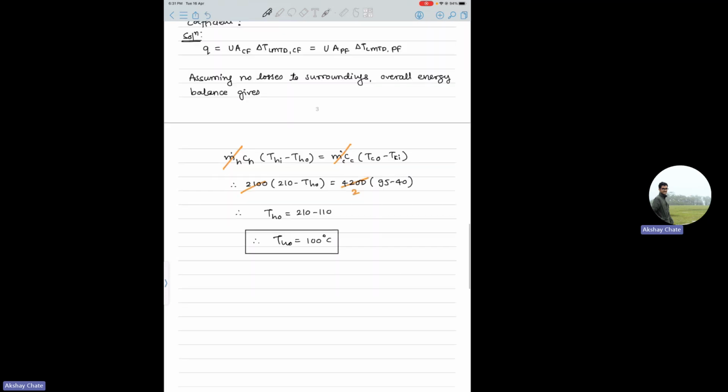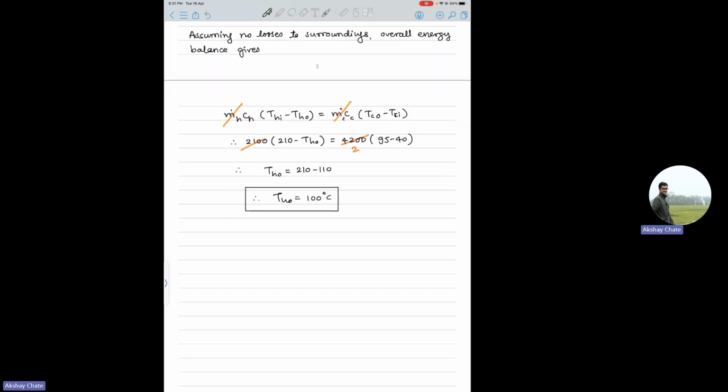So 2100 into 210 minus the unknown quantity equals 4200 into 95 minus 40. You can see this is just twice of this, and the difference is 55, so twice 55 is 110. Therefore your Tho will be 210 minus 110, and the outlet temperature of the hot fluid will be 100 degrees Celsius. This is the first part, and typically in heat exchanger problems you have to employ energy balance everywhere. That is typically the first or key step.